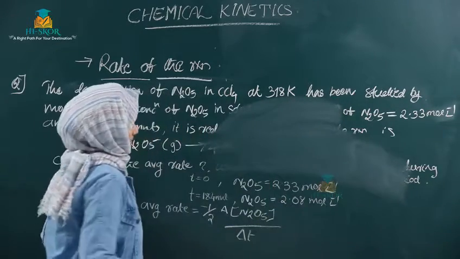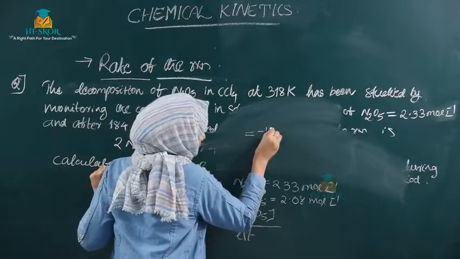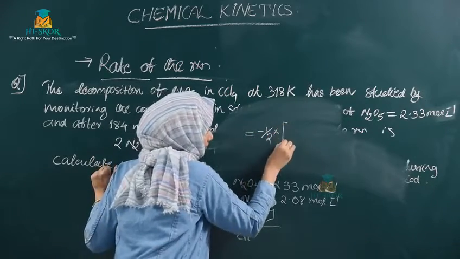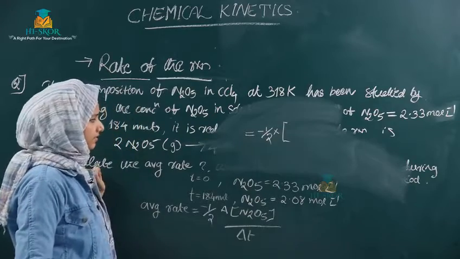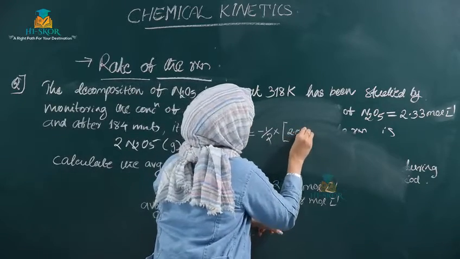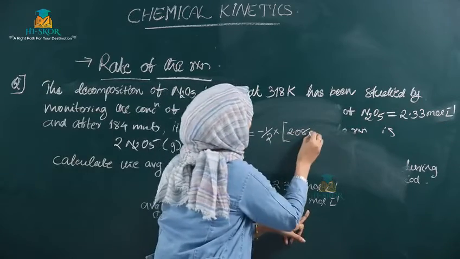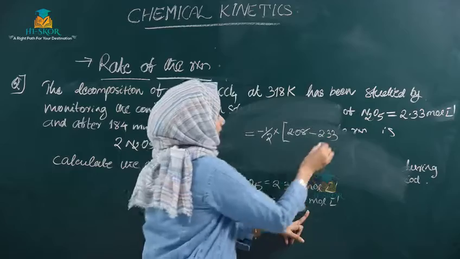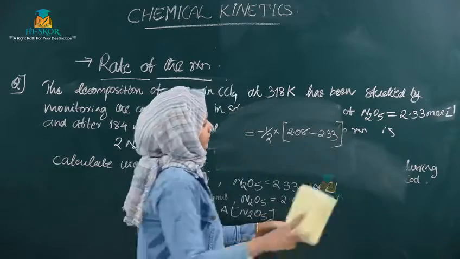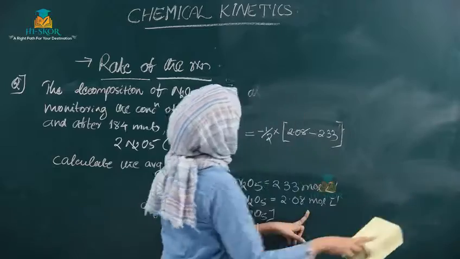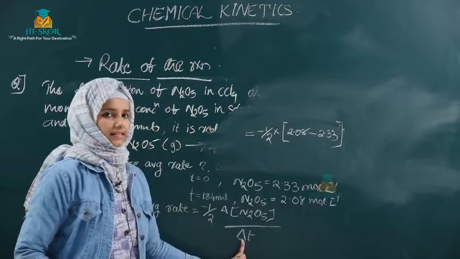That is equal to minus 1 by 2 into delta, the change in concentration, final 2.08 minus 2.33, divided by delta t.